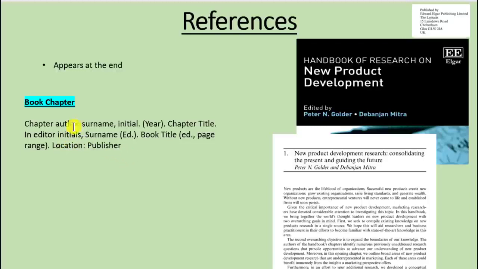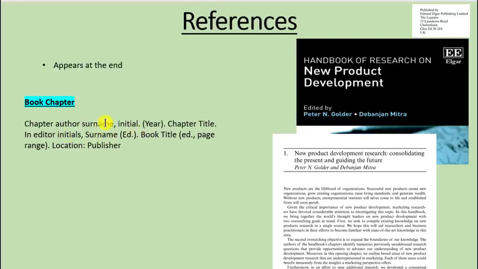So then what you should do is, you should do chapter author surname, initial, full stop, year, and then chapter title, which is this chapter, and then full stop, and then write in editor initials. So that's the editor initials and surname. Here you can see the difference.